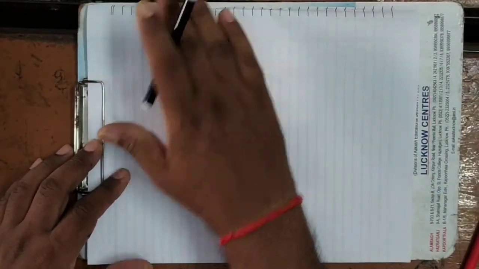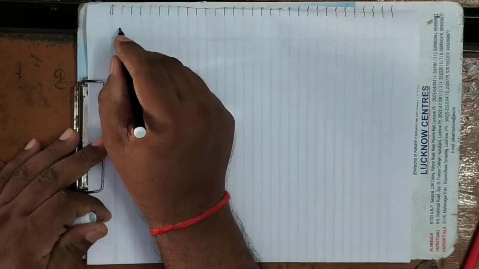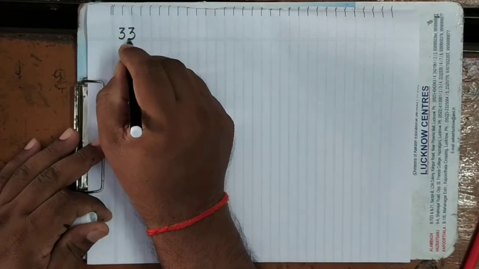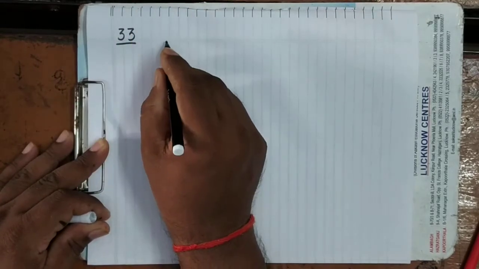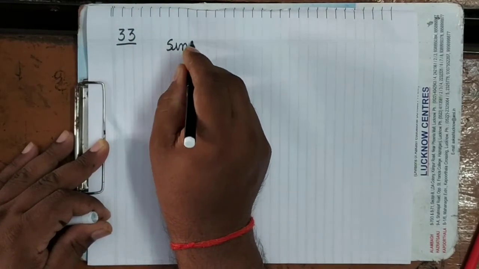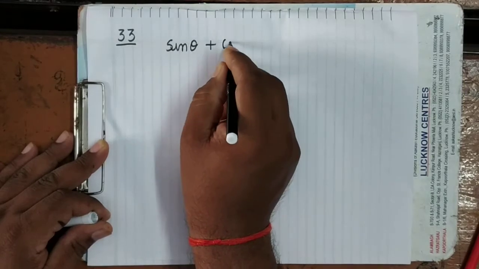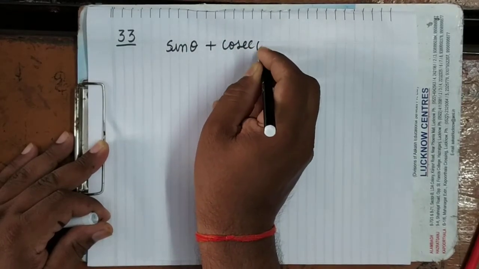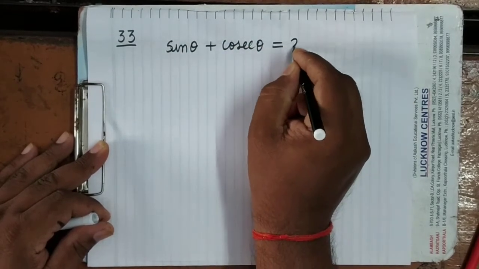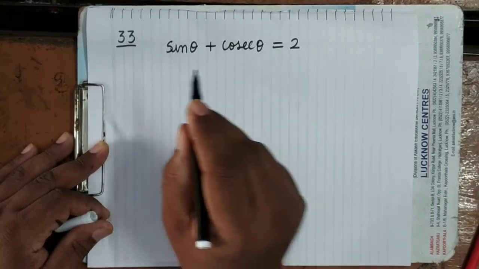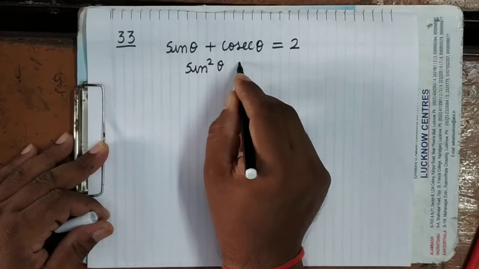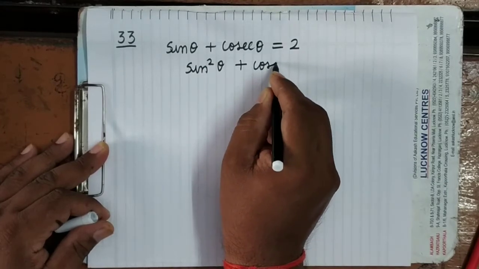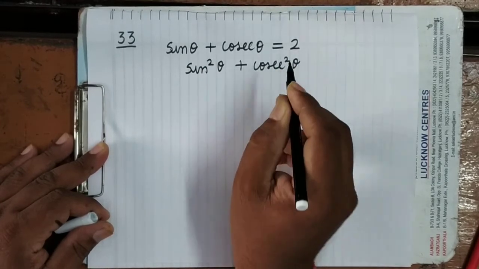Here you can see question number 33. Here it is given sin theta plus cosec theta equals to 2. This is given, and you have to find the value of sin square theta plus cosec square theta.